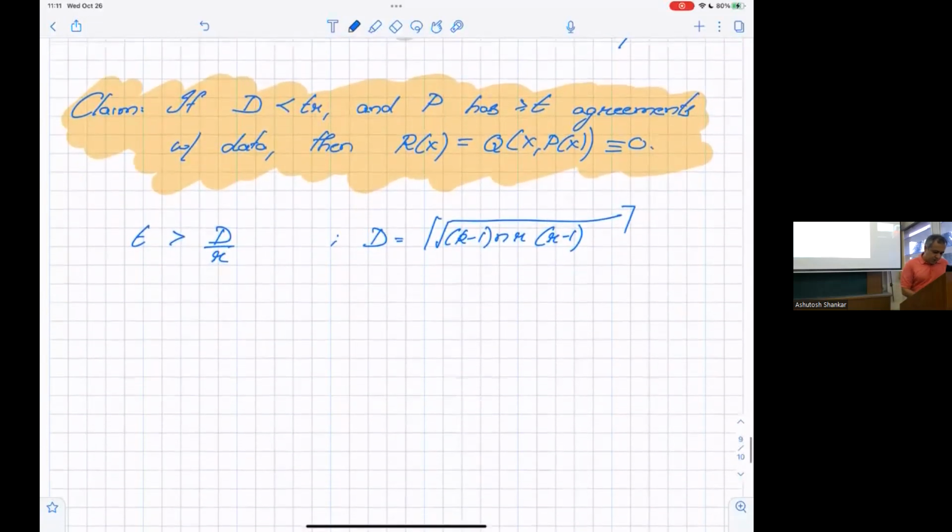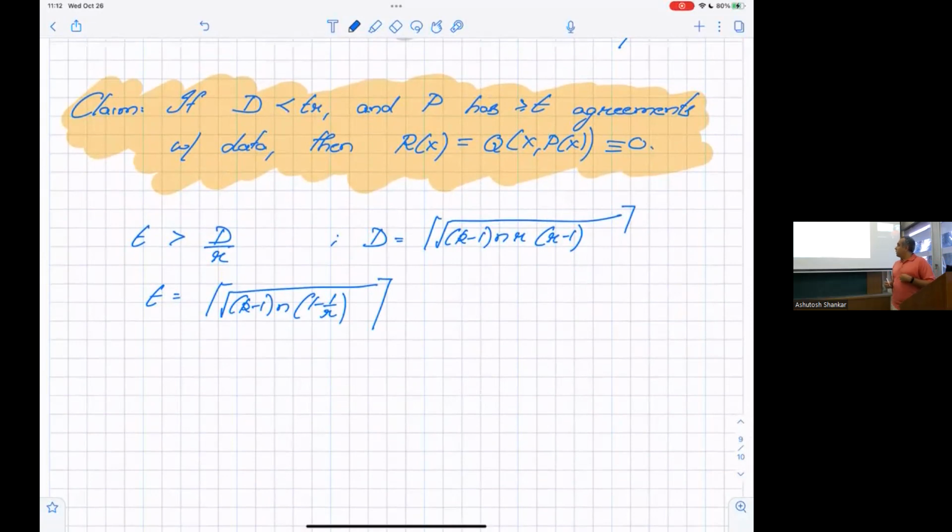So in particular, T I can set to be square root of (k minus 1) n times (1 minus 1 by r).